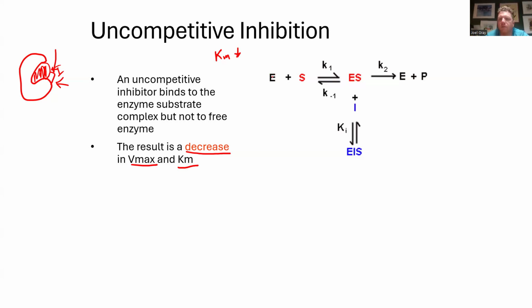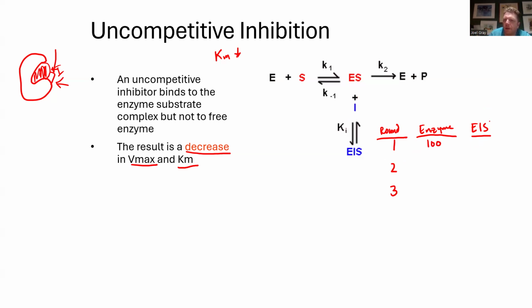Now, I always try to figure out why this is taking place. Here's one of the ways that I think about it. I'm going to do this as rounds. Round 1, 2, 3, enzyme, and then EIS. So let's say that when you start this out, you've got 100 copies of the enzyme.